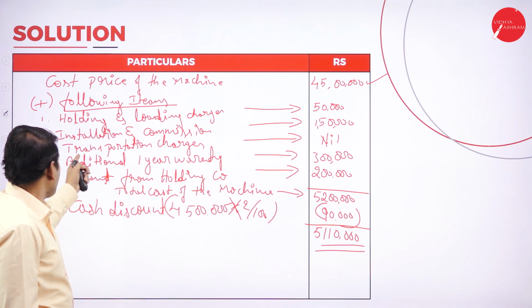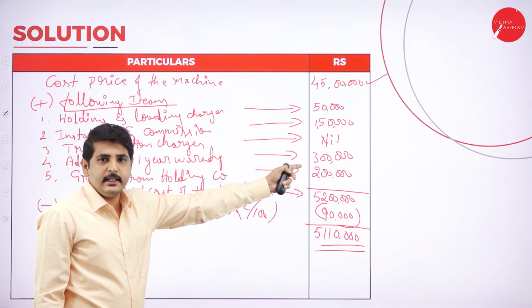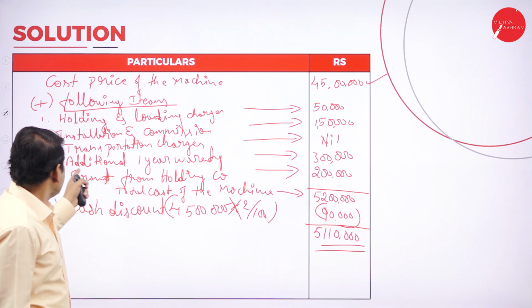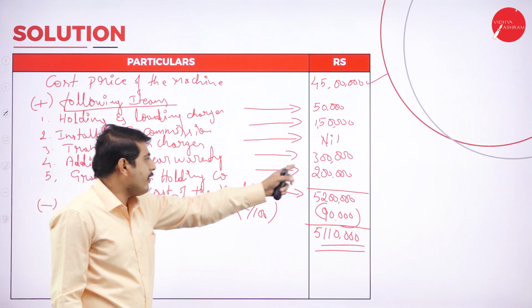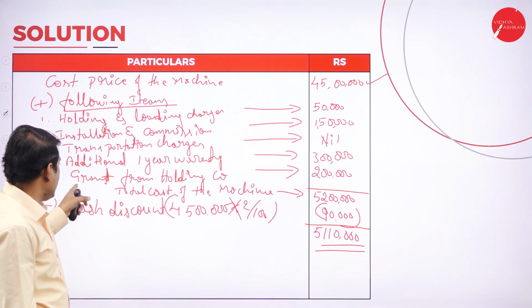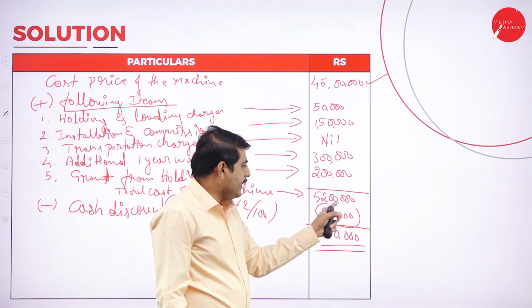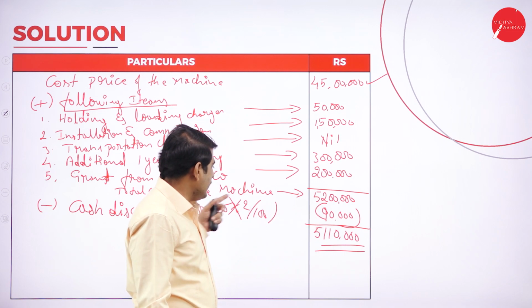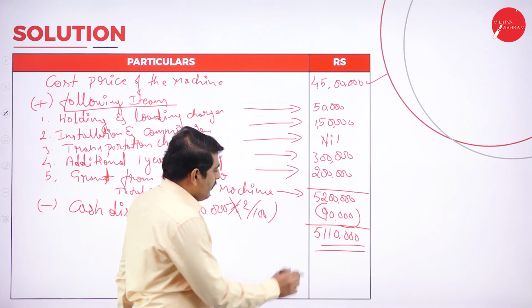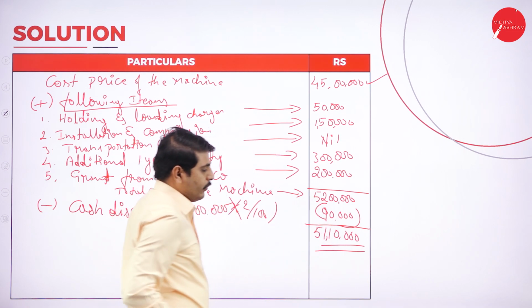Next one, we have not added the transportation charges. It is nil because it is a third person. Next one, additional 1 year warranty, we have added 3 lakh. Next one, 2 lakh grant from the holding company. If you add it, you will get 52 lakh. And if you deduct the discount 90,000, you will get 51 lakh 10,000.